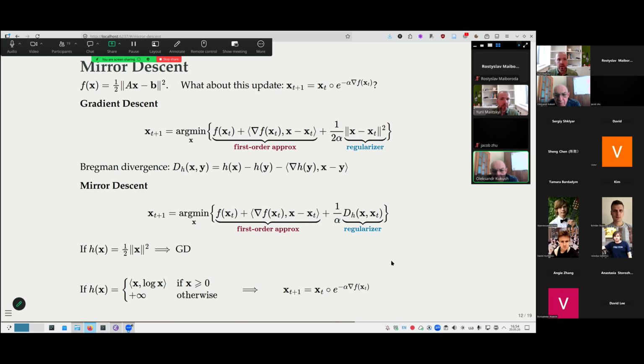Yes, questions? Is alpha fixed all the time, or is it changeable during the algorithm? That's a good question. Here, for the update, it doesn't matter because it's just one iteration. I can use whatever I want for the derivation of one step. But in practice, of course, it depends. Very often it will be variable.